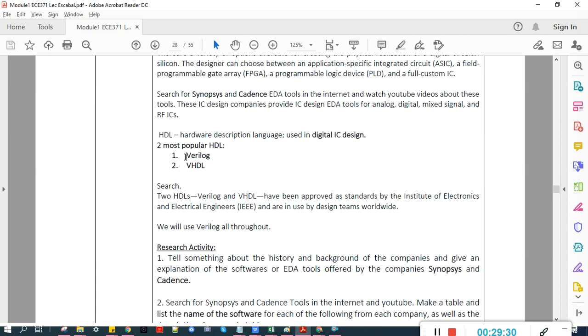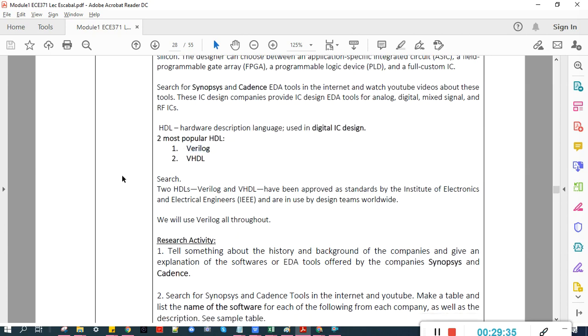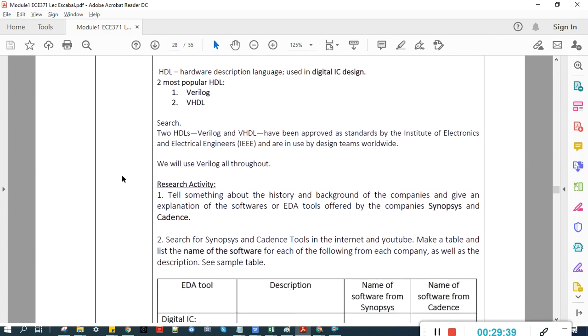It is easier, lighter. Anyway, it depends on your preference. But still other companies use VHDL, and others use Verilog.